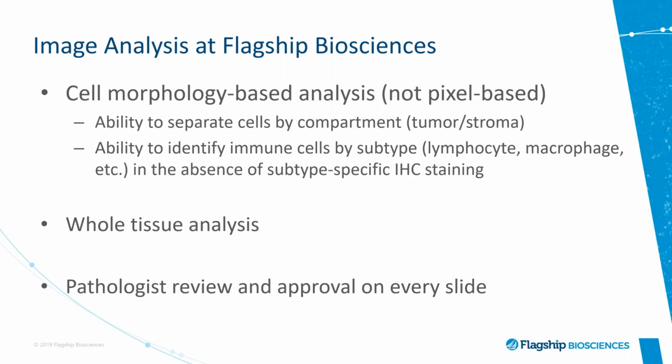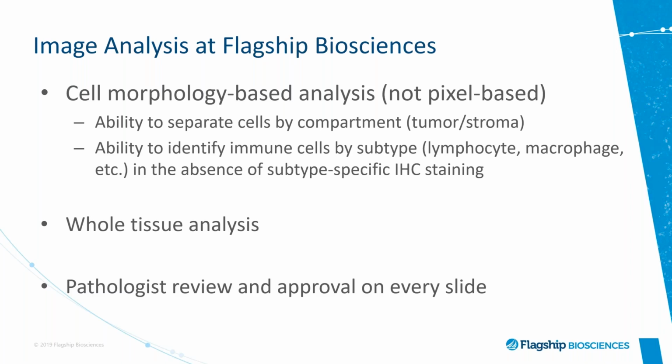The image analysis of Flagship Biosciences is based at the fundamental level on a cell morphology-based approach rather than a pixel-based approach. What characterizes our technique is the ability to separate cells by compartment, i.e. tumor and stroma, and the ability to identify immune cells not only as such, but also by subtype, whether they are lymphocytes, macrophages, etc. And this is an important point.